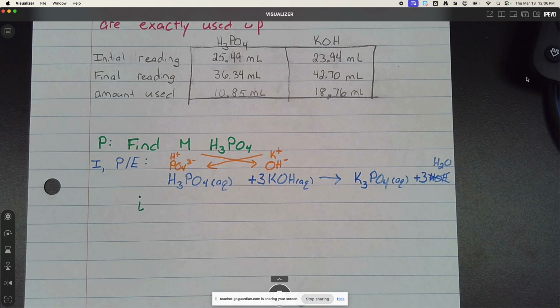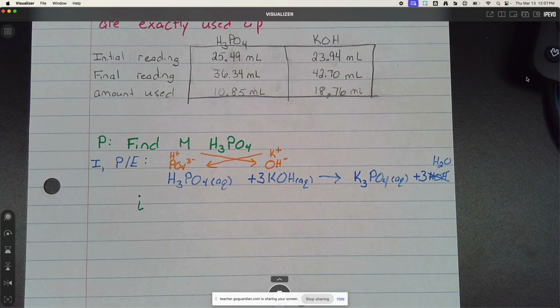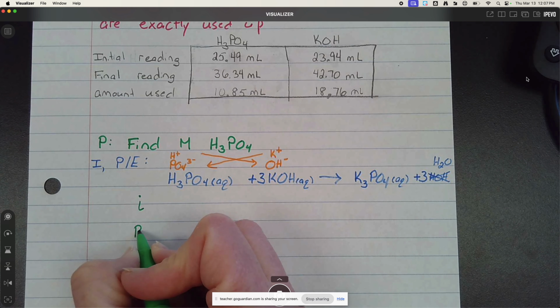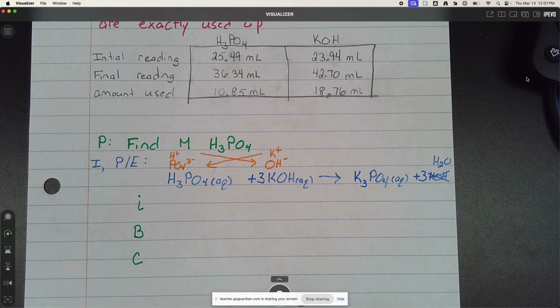I'm going to leave 2 lines for my information row, because I've got a couple things I want to put there. And then we need our before. I always do 2 rows on my change and my after.